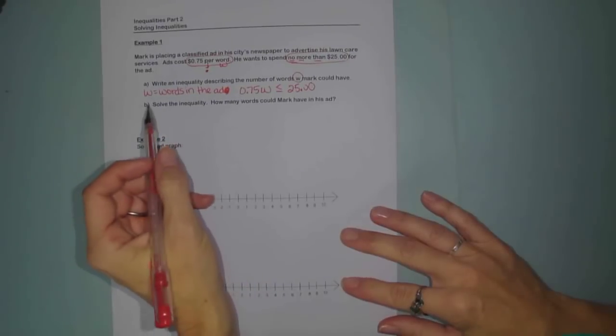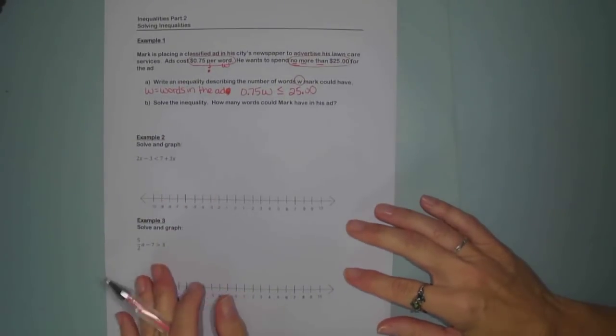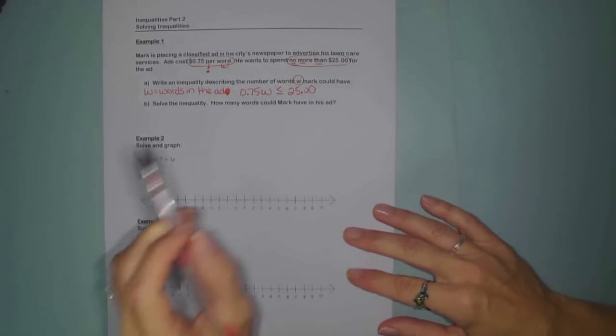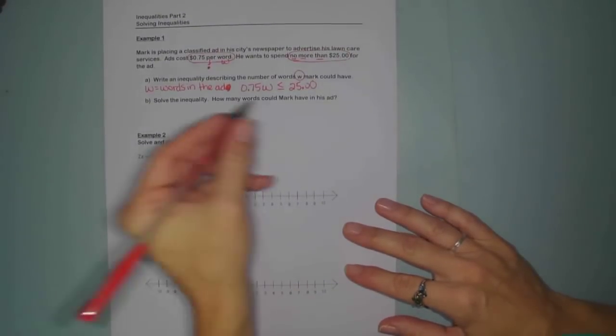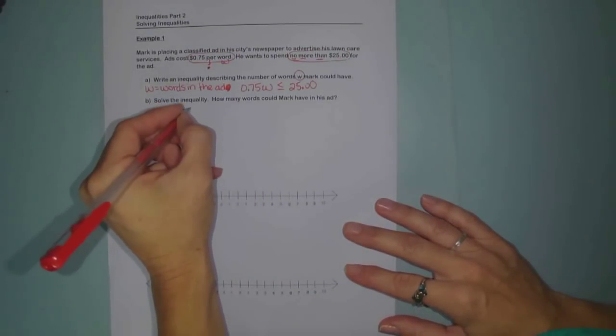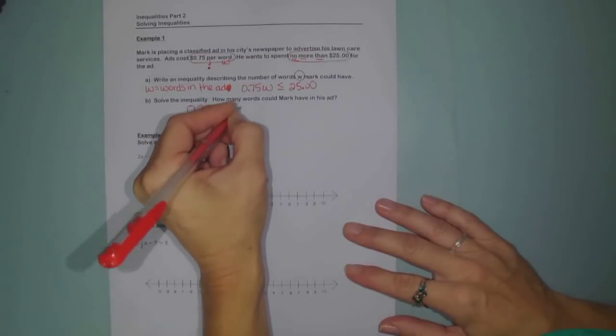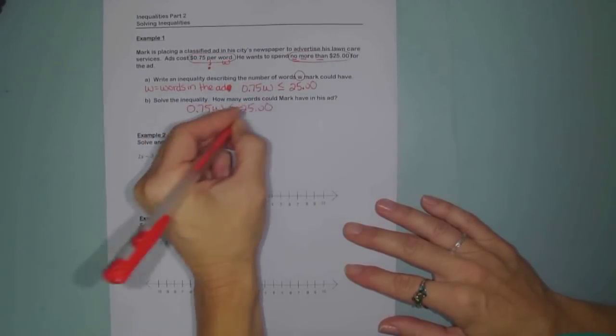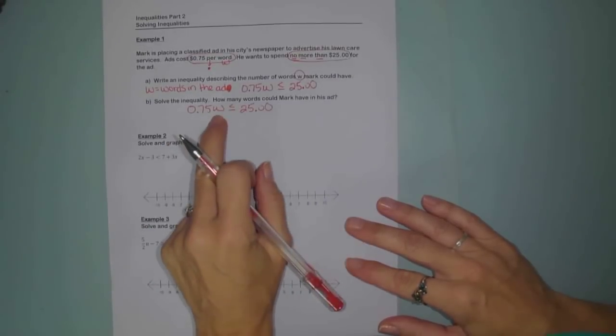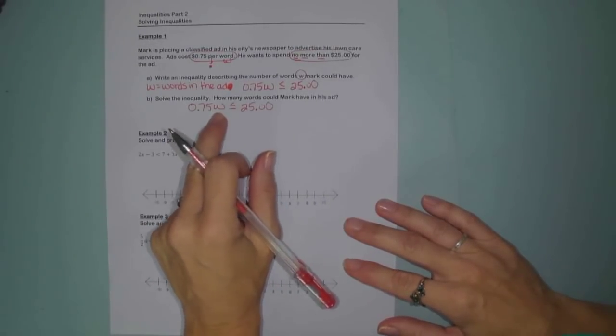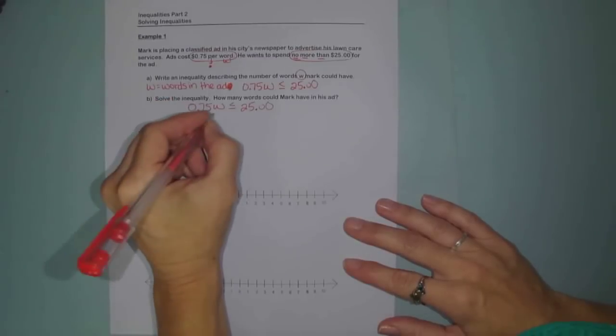Now letter B says solve the inequality and then answer how many words could Mark have in his ad. So I'm just going to bring the inequality down here. 0.75 W is less than or equal to $25. So can you think of what to do to solve for W? That's right. I feel like Blue's Clues.